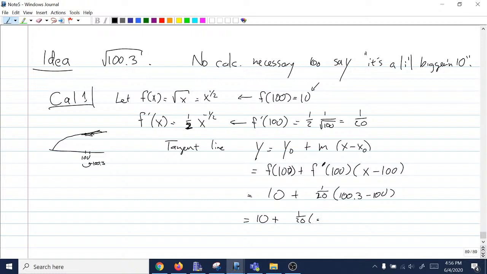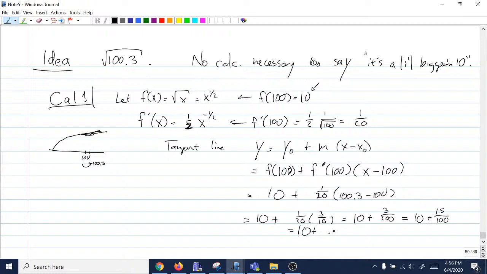That's a 20th of 0.3, which is 3 out of 10. That'll be 3 over 200. That's 1.5 over 100.